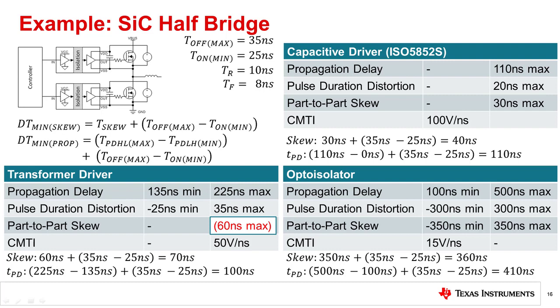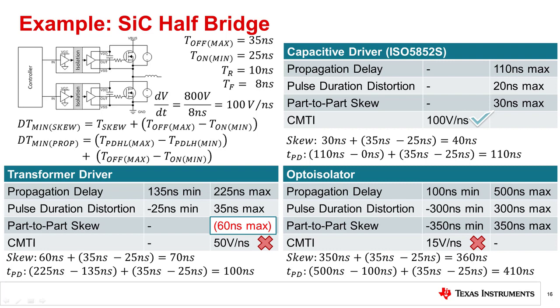What about CMTI? The rise and fall times of 10 nanoseconds and 8 nanoseconds respectively, combined with the 800-volt bus voltage, suggest a worst-case slew rate of 100 volts per nanosecond. Note that this is within the ratings of the capacitive isolated gate driver, but it exceeds the maximum of the transformer driver and flies well above the guaranteed minimum of the optoisolator.